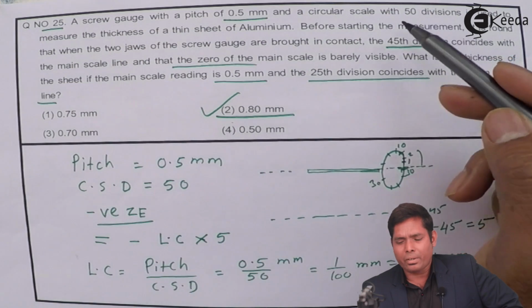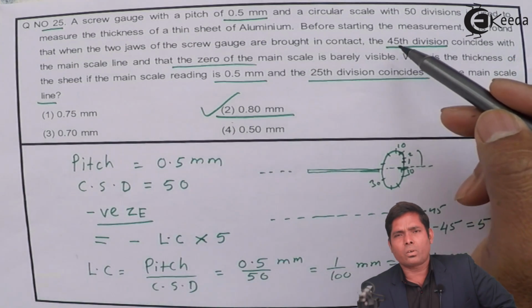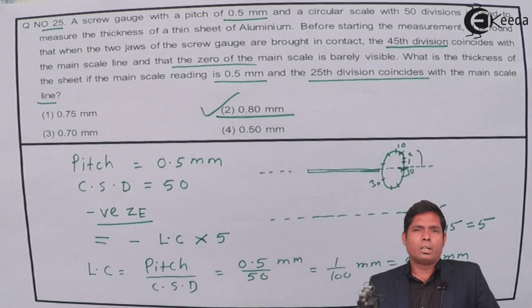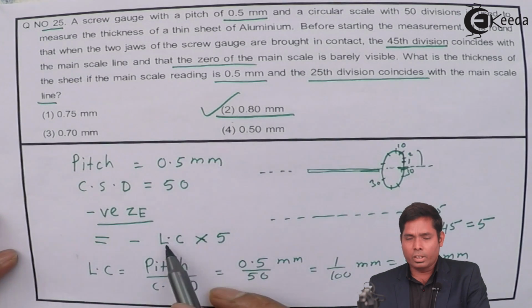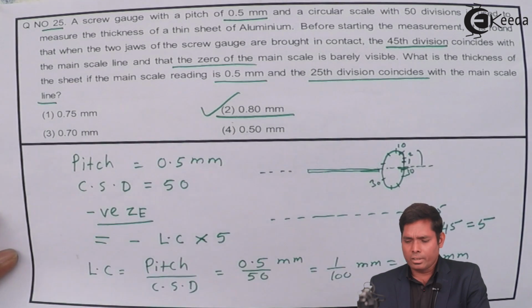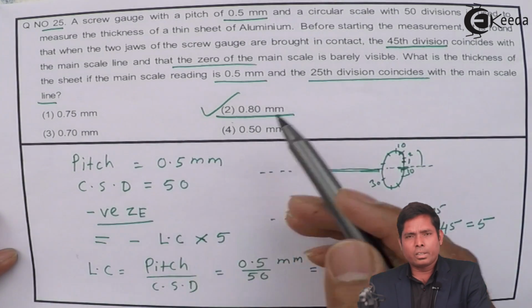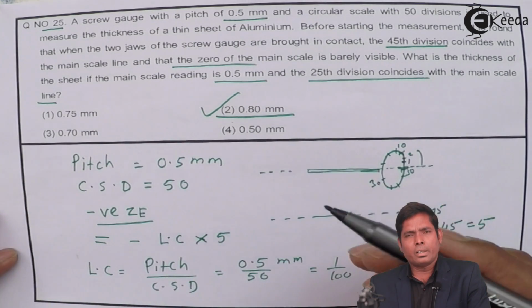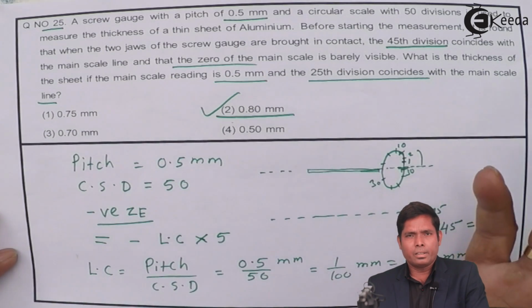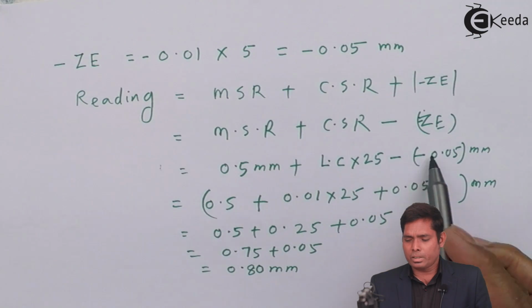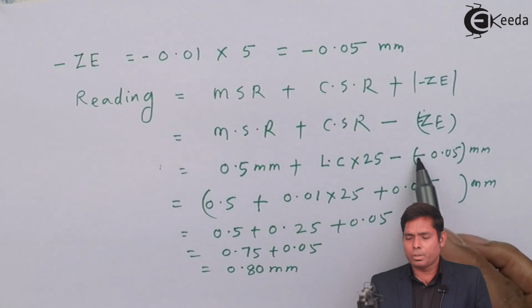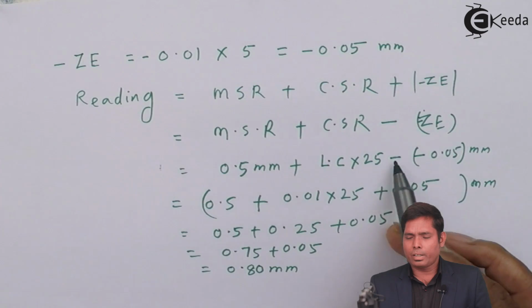Suppose the number of divisions is 100 and the 45th division coincides, then you have to take 55 and multiply it with the least count to get the zero error reading. The zero error reading is always subtracted. So it is a negative zero error here. It can also be a positive zero error, which is to be subtracted. So the number has to be minus here because this has to be subtracted.